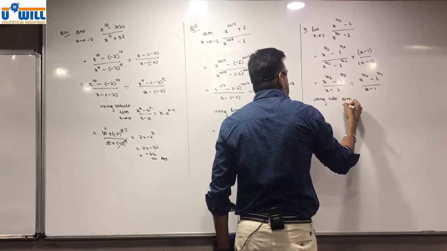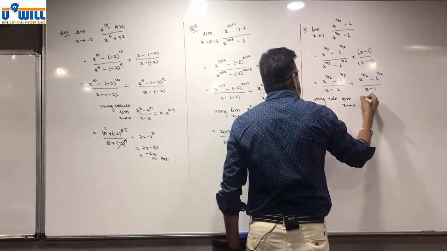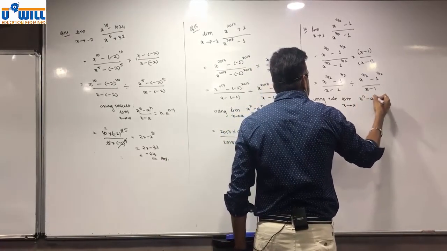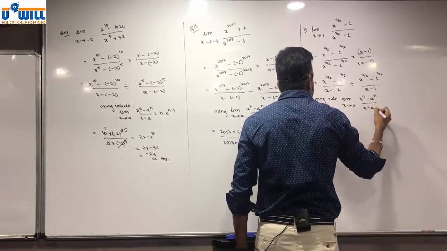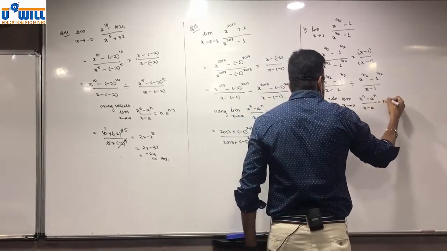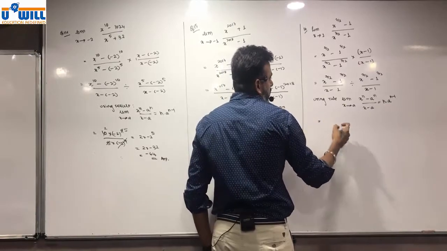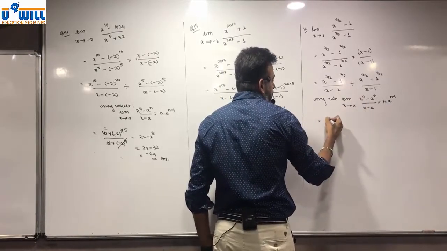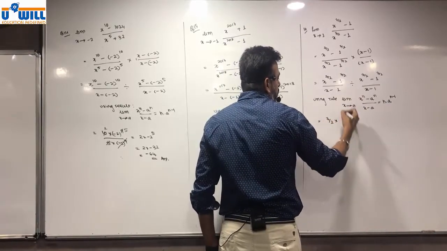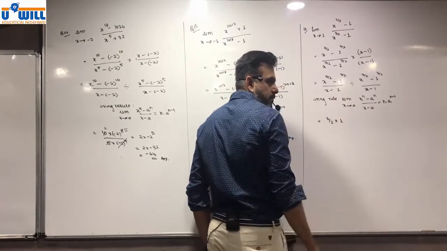limit x tends to a, x raised to n minus a raised to n upon x minus a, which is equal to n into a raised to n minus 1. What is n? 7 by 2 into, what is a? 1.